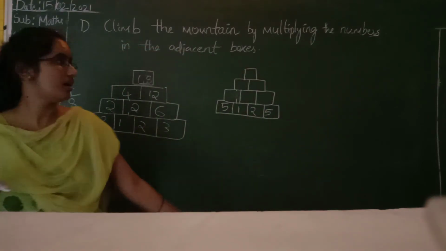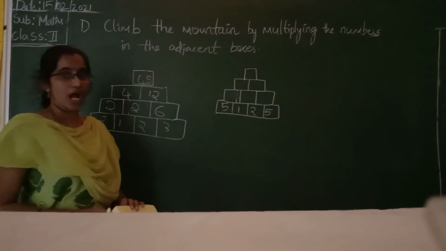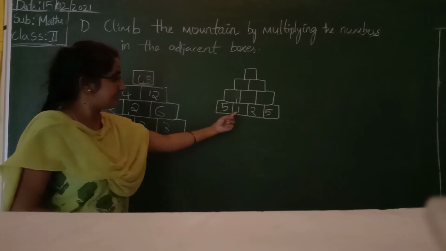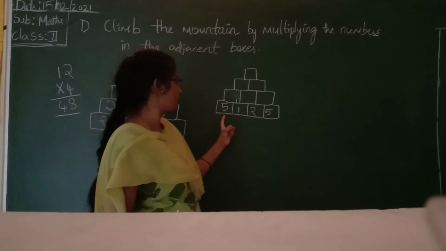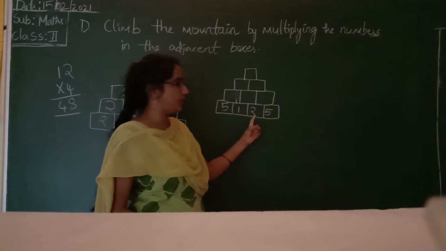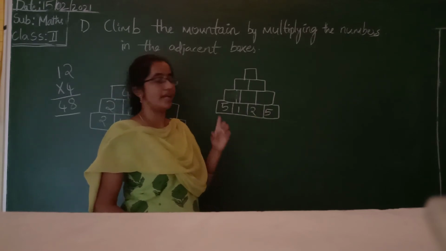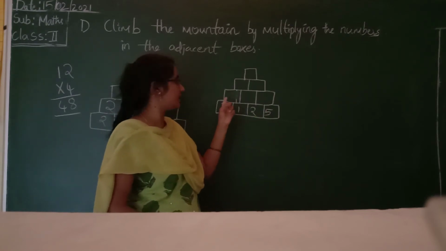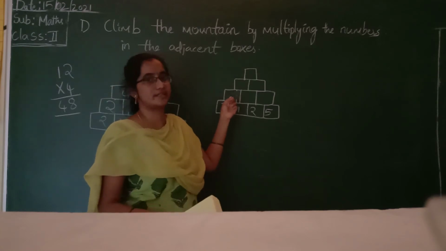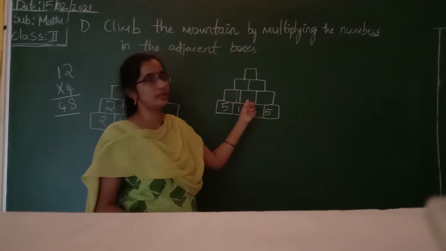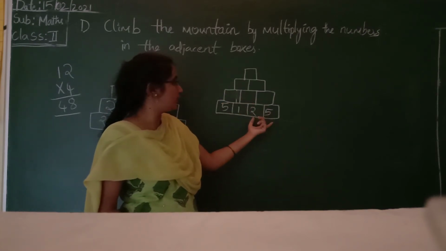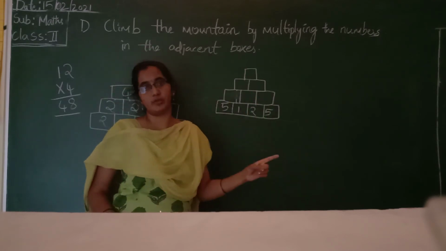This is the mountain. You have to multiply the adjacent boxes, that is 5 into 1, 1 into 2, 2 into 5. The product of 5 into 1 is written in the box above. Next, 1 into 2 is written in the box above, and 2 into 5 is written in the box above.